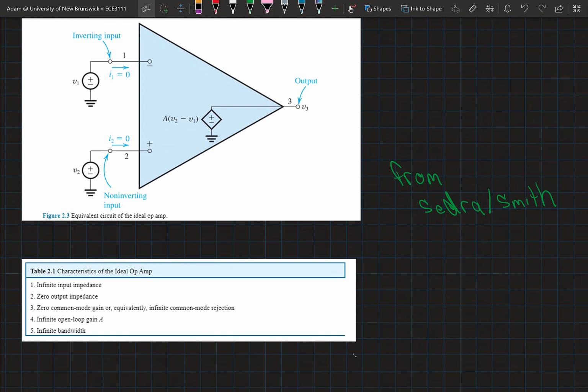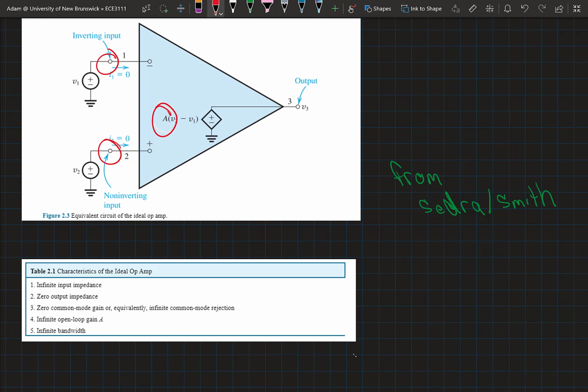We also talked about it having infinite open loop gain, so that term A in the gain term of our voltage amplifier, we said for an ideal op-amp we consider to be infinite. Allows us to assume that the voltage at both inputs is equal. We'll see that's very beneficial when we do our circuit analysis.